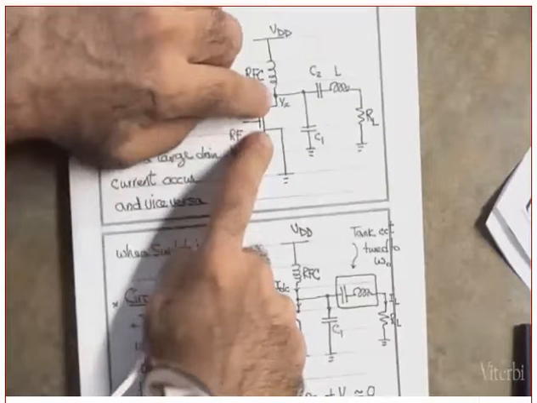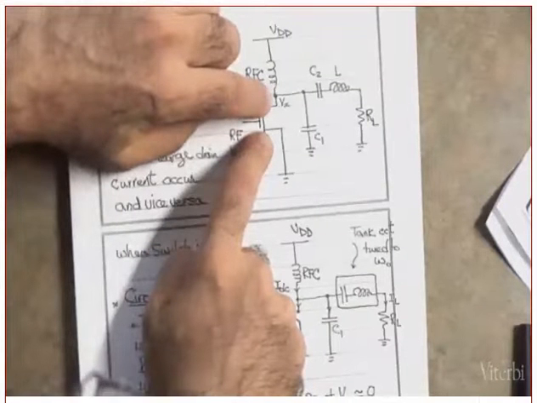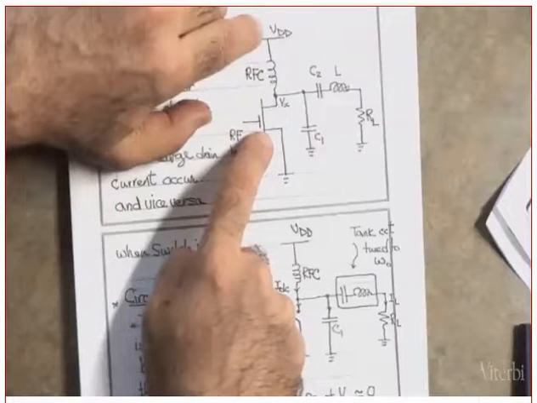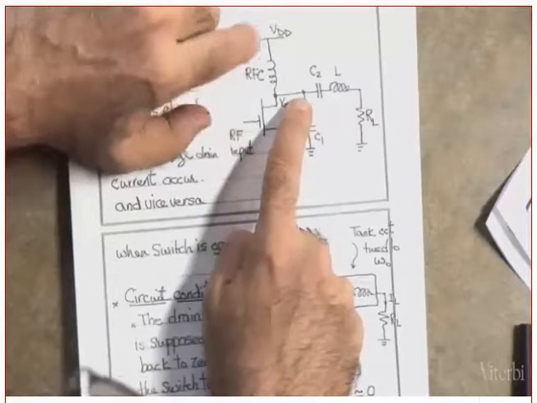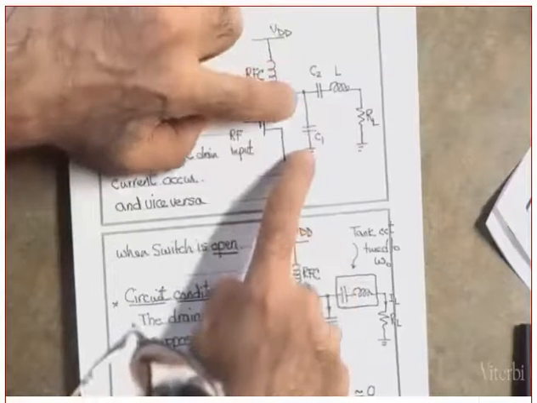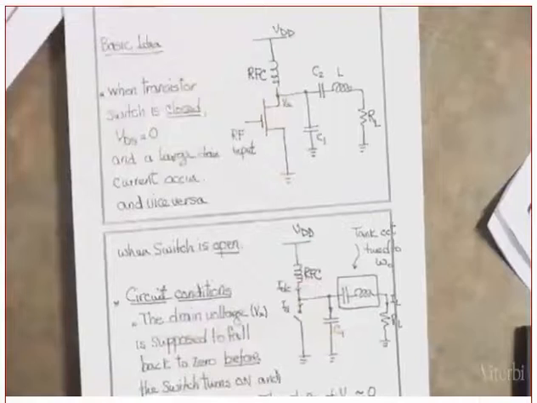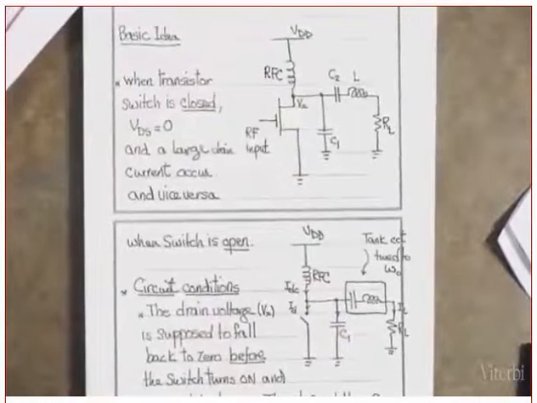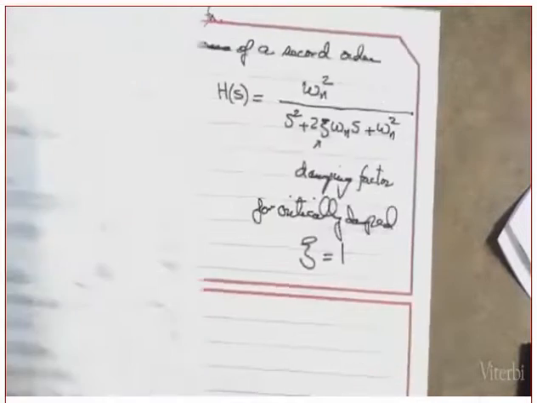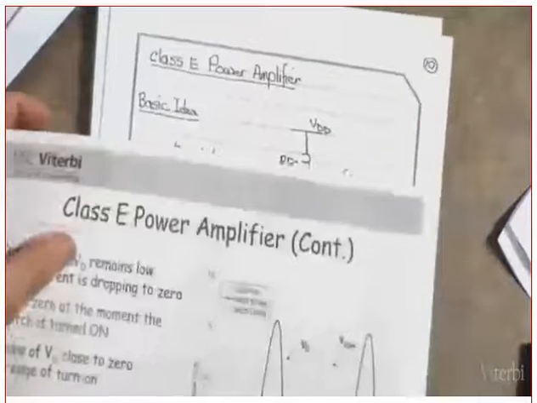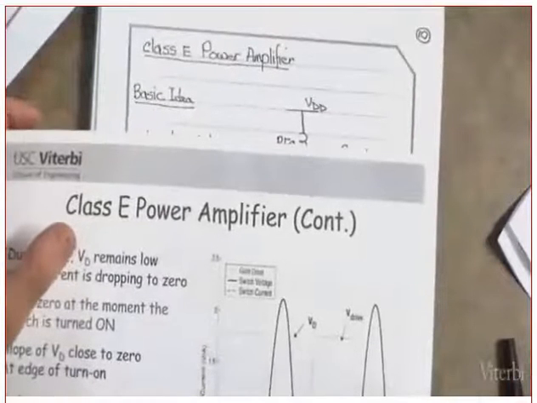This voltage is supposed to rise high. But this one will not allow it to change very quickly. Why? Because there is a voltage on the capacitor and the capacitor cannot change its voltage instantaneously. It takes time, and that explains this in these diagrams here. Are you following me or not?